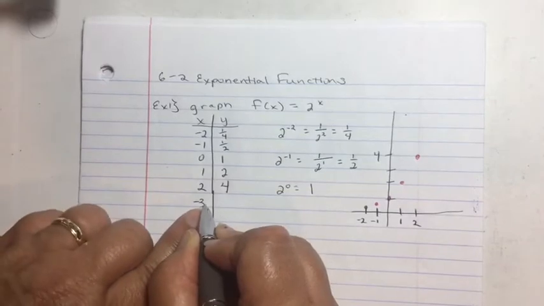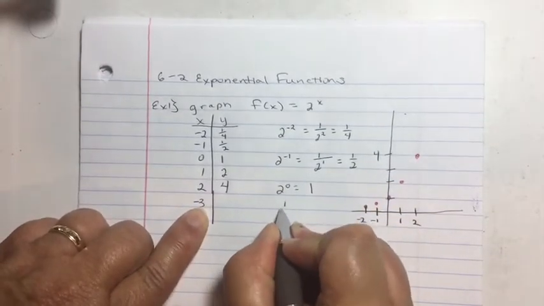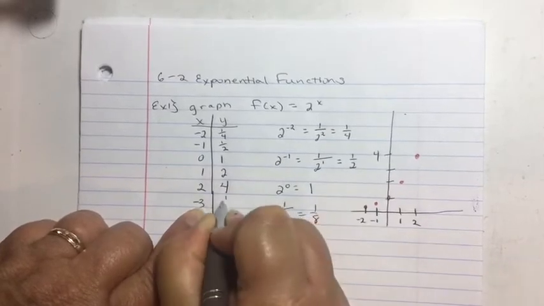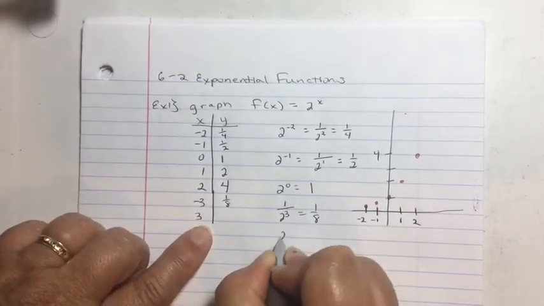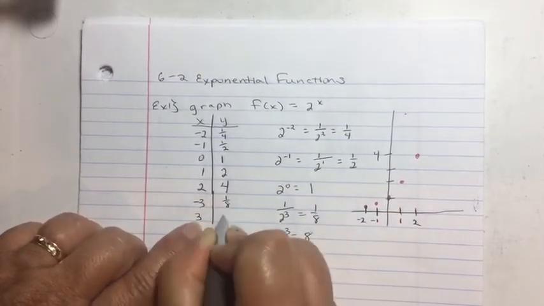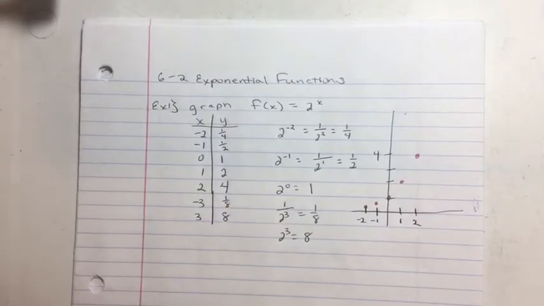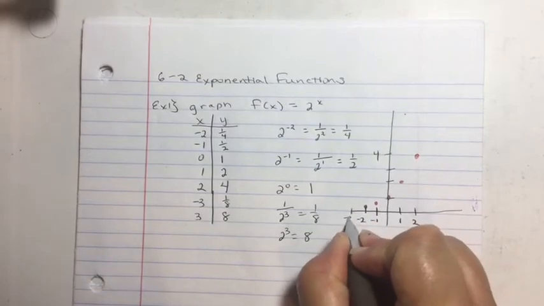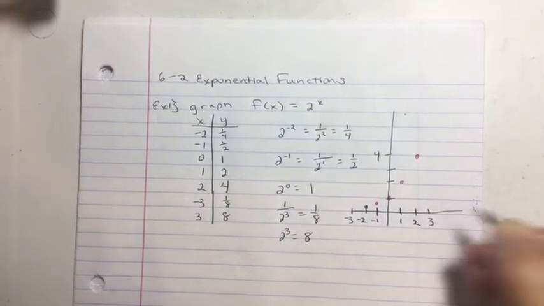So remember, 2 to the -3 power would be 1 over 2 to the +3, or 1/8. And then 2 to the +3 is just simply 8. So if I put those points in, let me extend my x-axis a little bit.